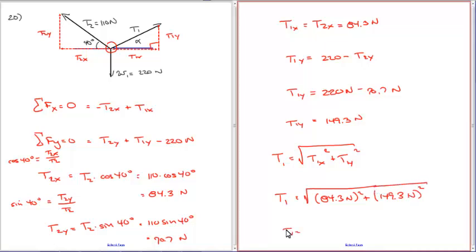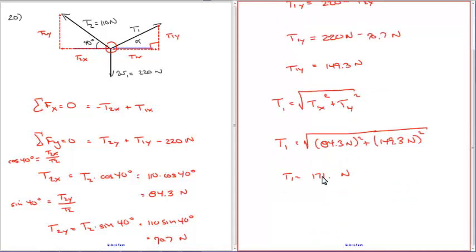Okay, so when you take the square root of newtons squared, you'll get newtons. So we just do the numbers: 84.3 squared plus 149.3 squared, take the square root, I raise it to the 0.5 power. I get T1 is 171 newtons. So that's the weight, and that's what the tension needs to be.